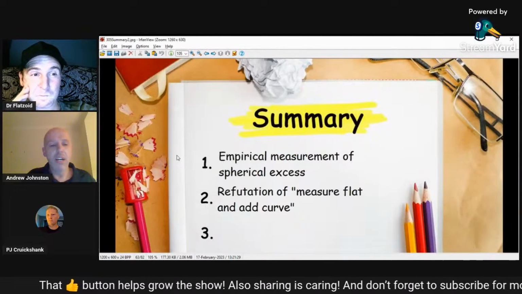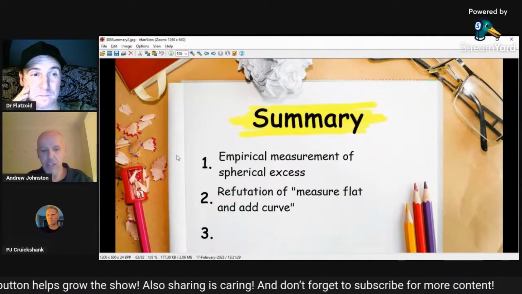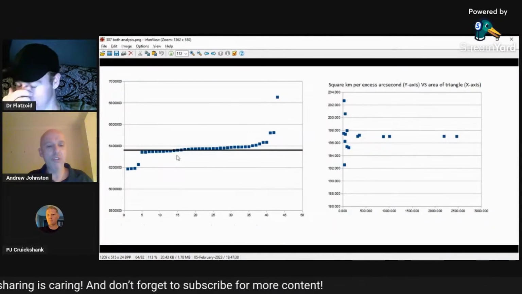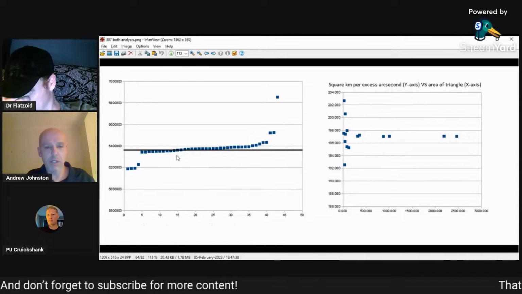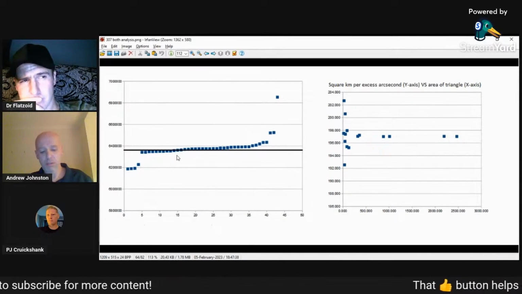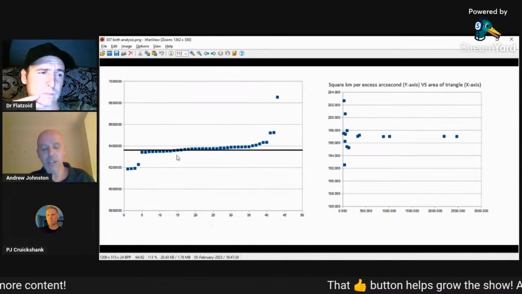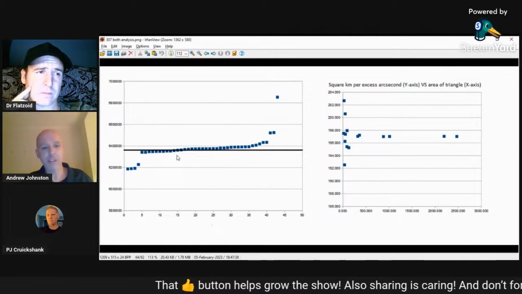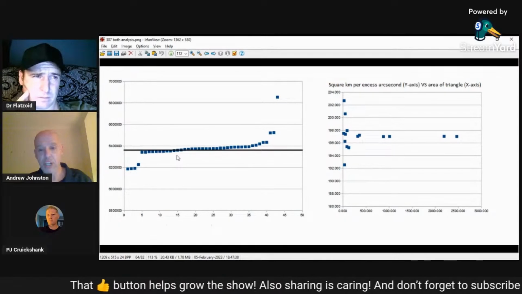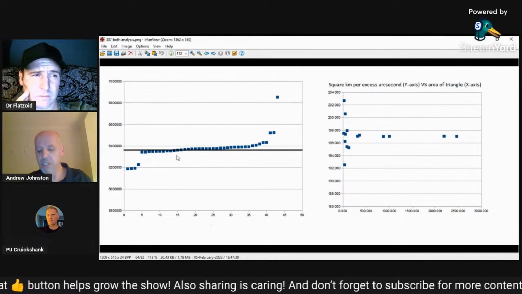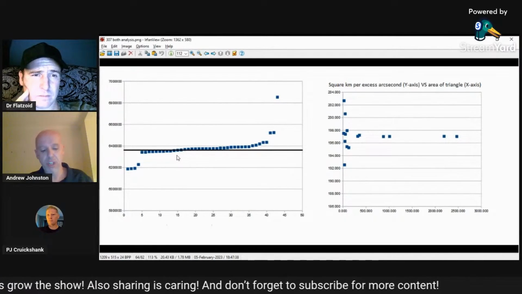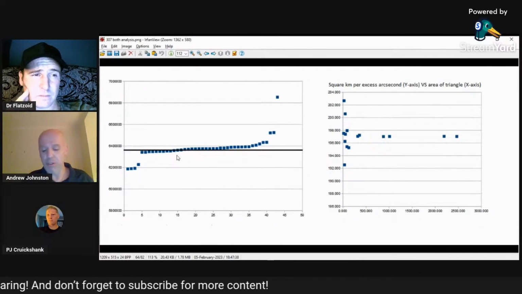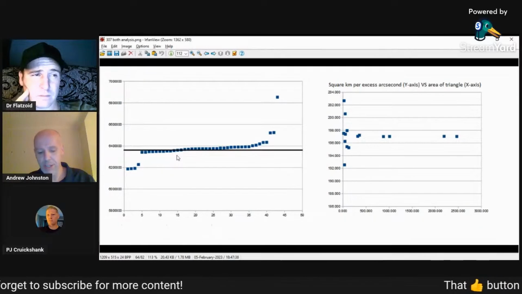Secondly, some analysis that refutes the measure flat and add curve argument, showing on the left the variation in the curvature, the effective radius of those triangles. They were not all consistent. And on the right, we showed variation in the rate of excess in those triangles. Again, if they'd been calculated back, the plot of these data should be much closer together.